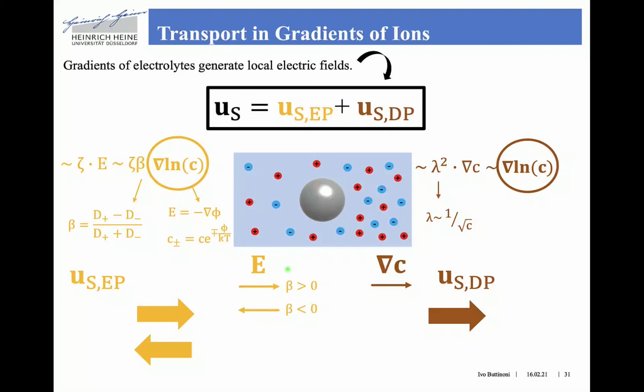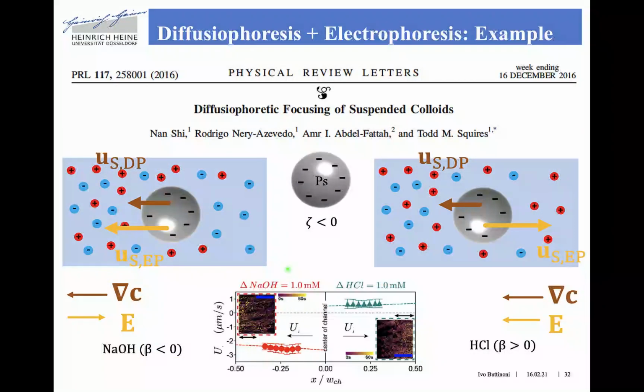And here is a nice experimental example of what we just said, where in this experiment the authors use negatively charged polystyrene particles, so with a negative zeta potential, and apply a gradient of salt along this direction. So here they tested two salts.